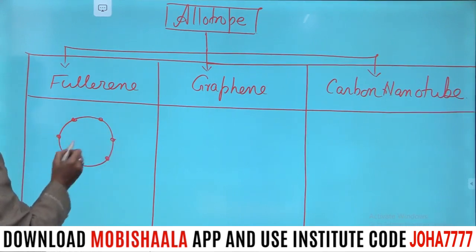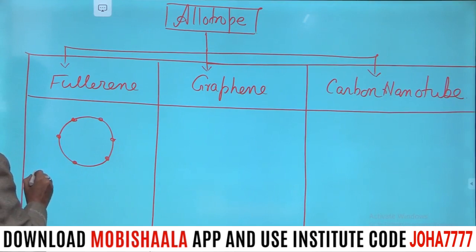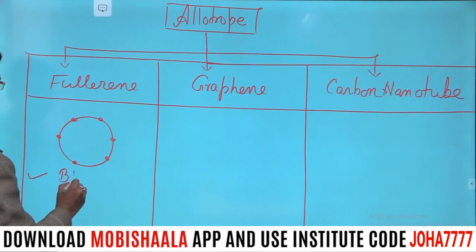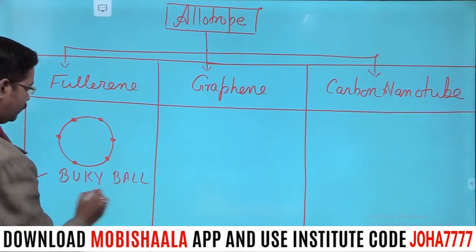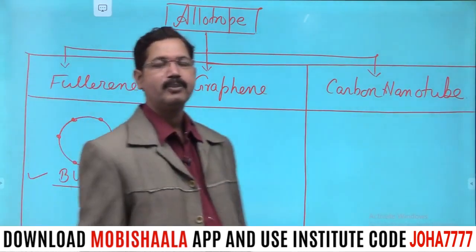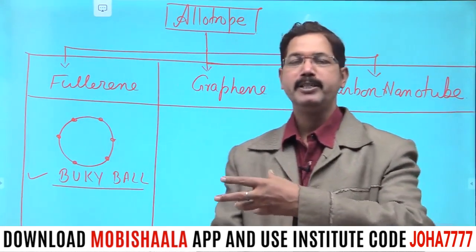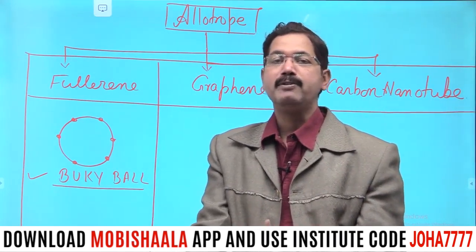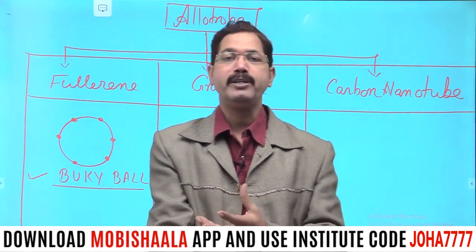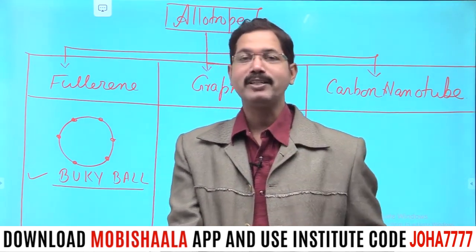So this fullerene is like a bucky ball. In general, we give a bouquet of flowers, a bouquet of different materials, you can say artificial flowers.